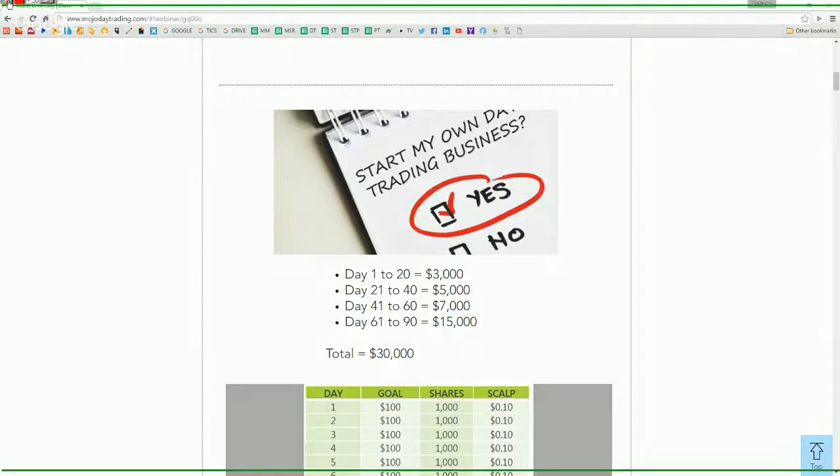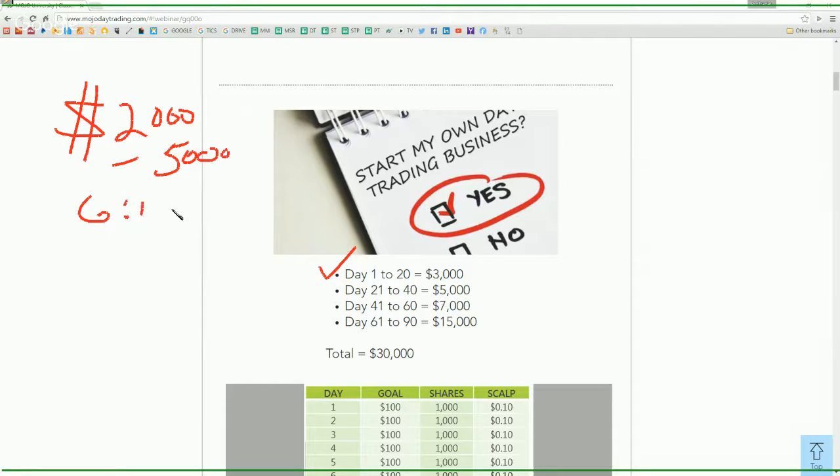Okay? Day one, small account with $2,000 to $5,000. You're going to trade with the Pioneer Group. You're going to get 6-to-1 leverage, and you're going to get 30 grand in buying power. You're going to make $100 a day, 100 a day from day 1 to day 10.